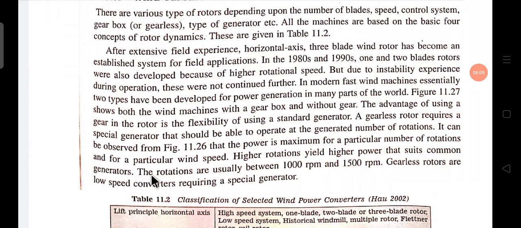The rotation is usually between 1000 rpm and 1500 rpm. Gearless rotors are low speed converters, so they require a special type of generator which generates the required amount of power at low speed.